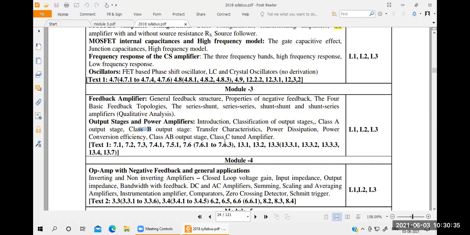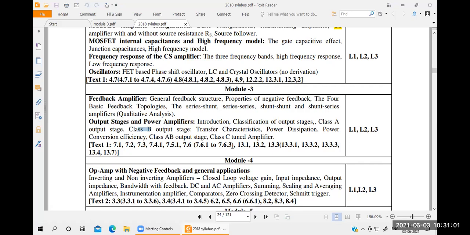In interviews they will also ask this kind of question: what are the power amplifiers? You have to mention Class A, Class B, Class C, Class AB, then Class D. Class D they have not given in your syllabus, but there is one more power amplifier, that is Class D.